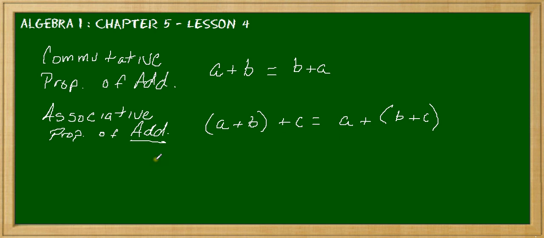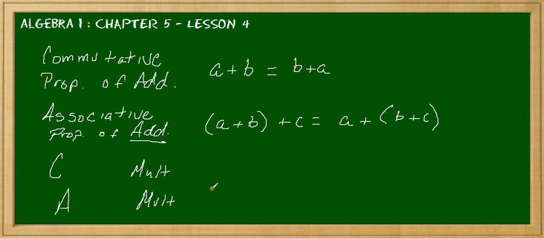Now we also have what's called the commutative property of multiplication and the associative property of multiplication. So I'm just going to leave these here and just say for multiplication, just for the sake of time and obviously my penmanship, we have of multiplication, and so we have the commutative and then we have the associative of multiplication.